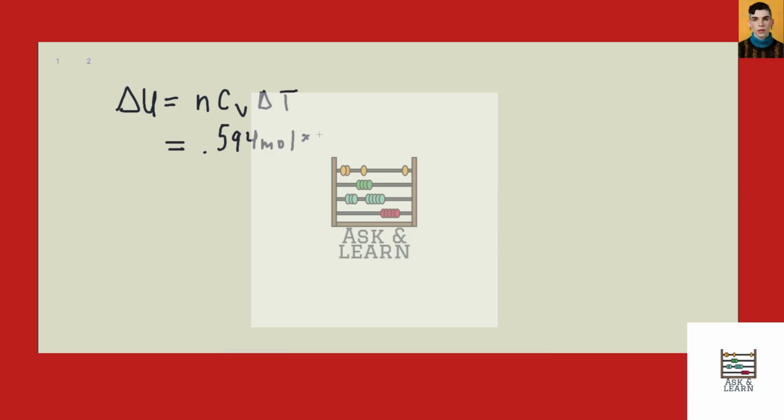Okay, let me look up the heat capacity for air. I just want to double check. I have a discrepancy in my notes. So I'm looking in the book, and on table 9.1, it has the heat capacity as 20.76. So let me see if that's what I actually had in my first sheet.